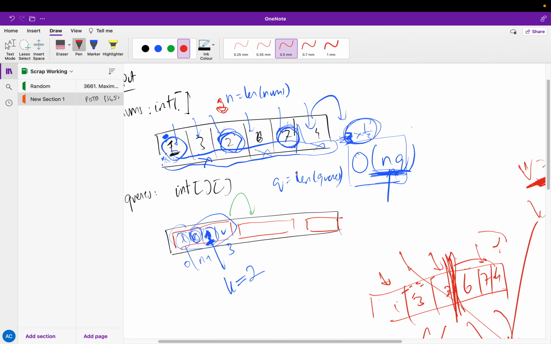Got so quiet. I don't know. Start index 0.